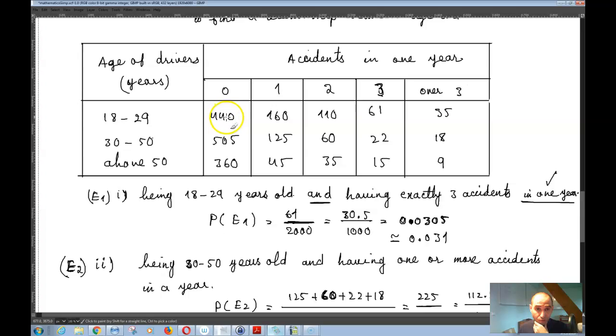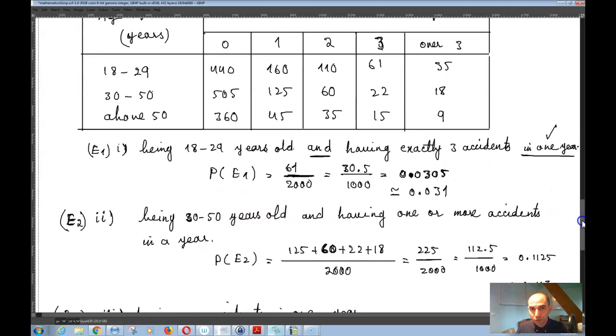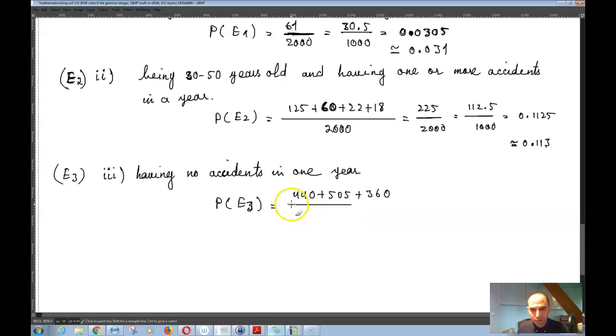So you have to count 440, 505, and 360. If I call this event 3 or E3, then P of E3 would be equal to 440 plus 505 plus 360, divided by 2000, which is the total number of trials.